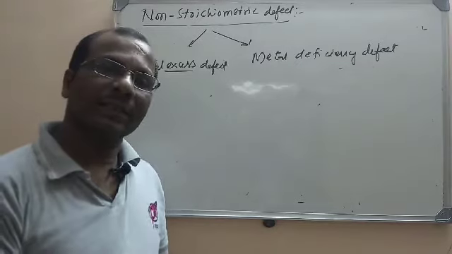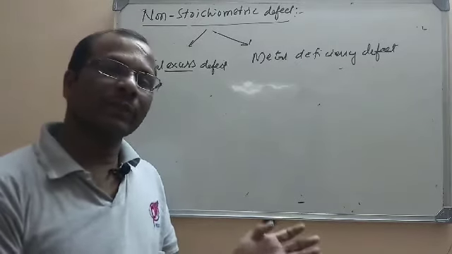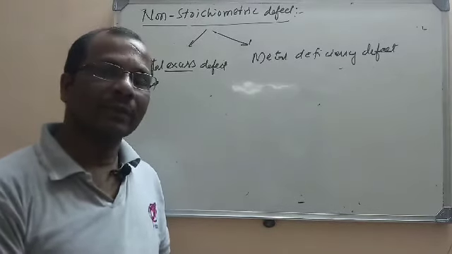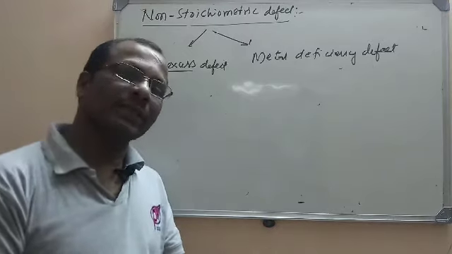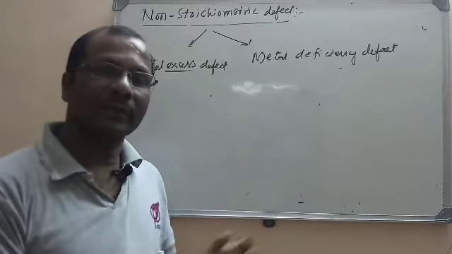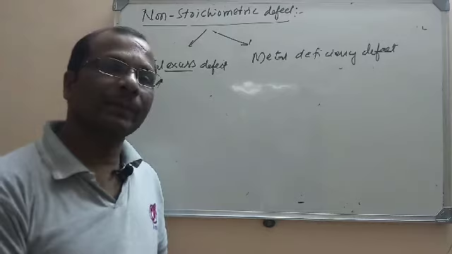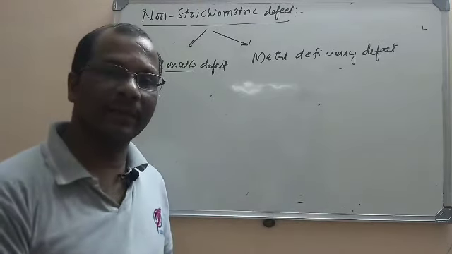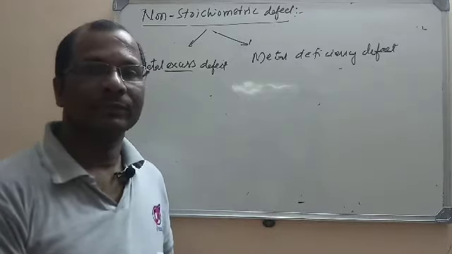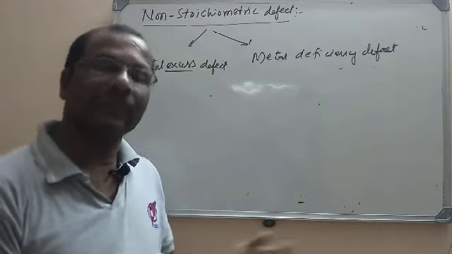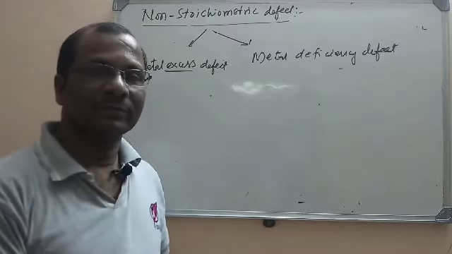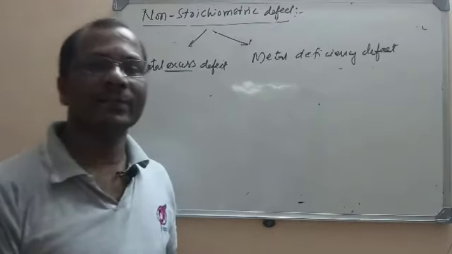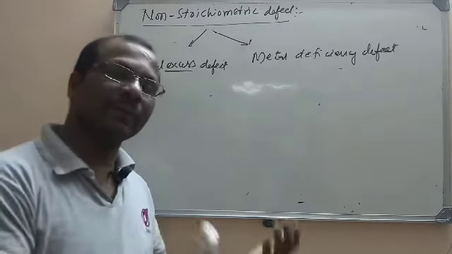Or let us imagine that there are 25 boys and 25 girls. Now one of the girls is absent. Now what happened? Boys are 25 and girls are 24. Now the composition is affected. Stoichiometry is affected. That means even if an extra boy comes, the number of boys will be more.